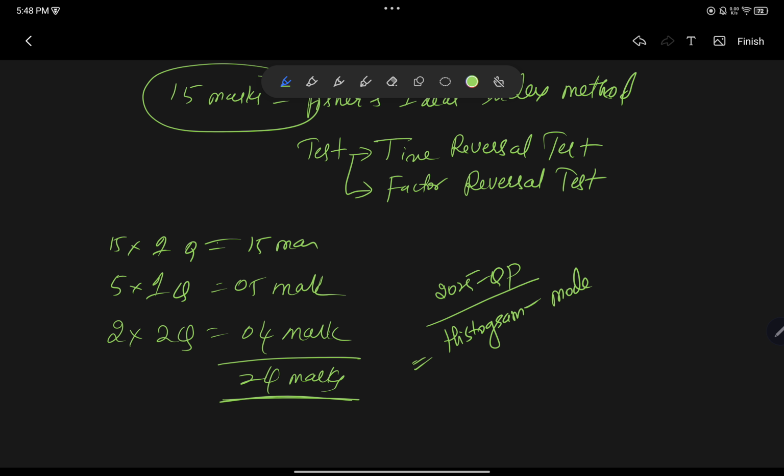And you learn one tabulation problem, that is 5 marks.